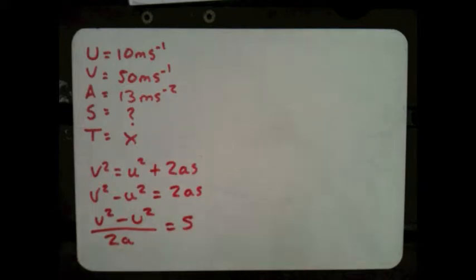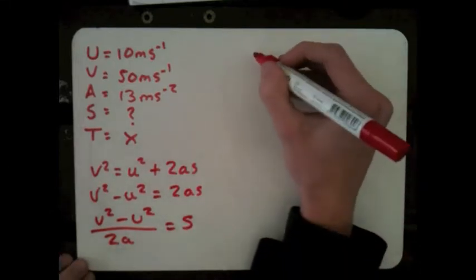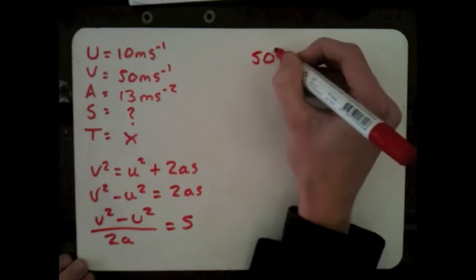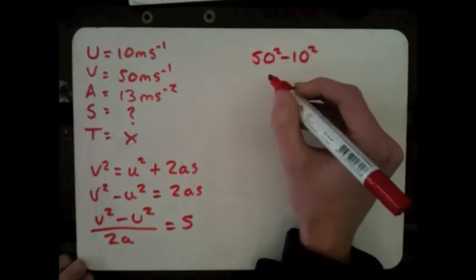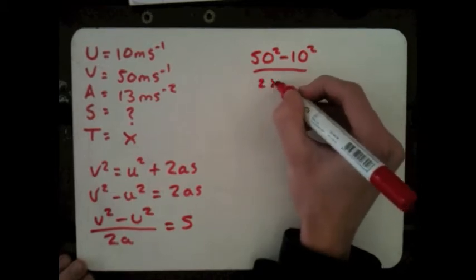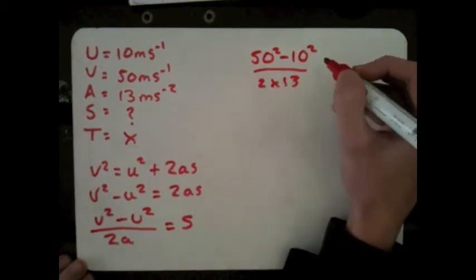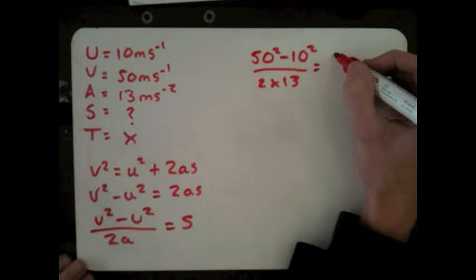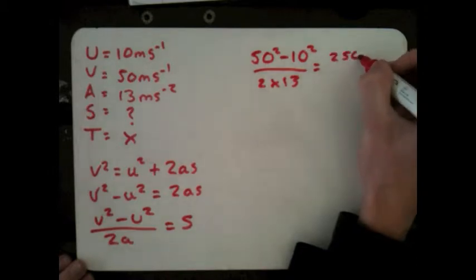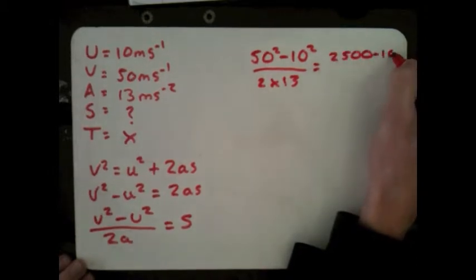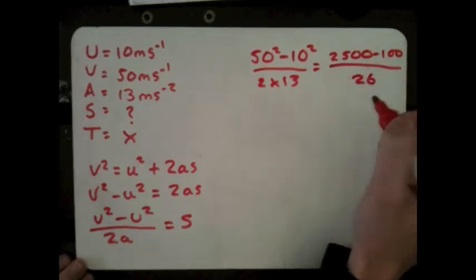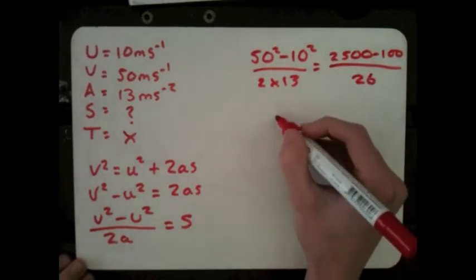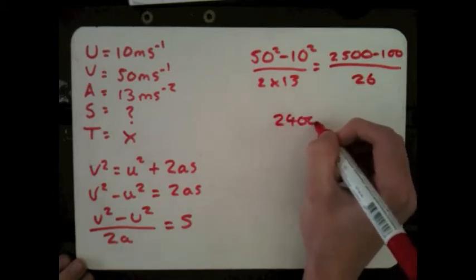After this, we plug in our numbers: 50 squared minus 10 squared over 2 times 13. We can convert this into a simpler form: 2,500 minus 100 over 26, and even further, 2,400 over 26.